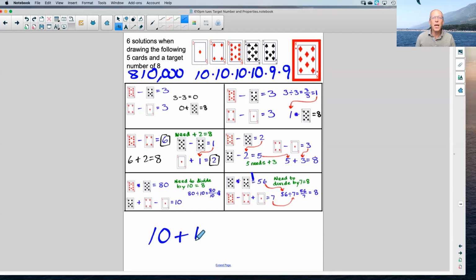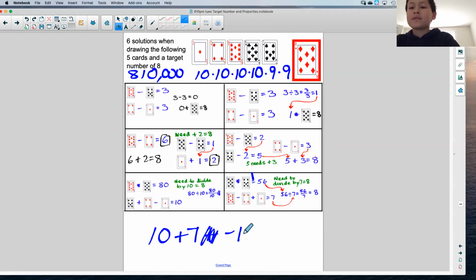Wait, 10 plus 7 minus ace, which is 1, and that's 4. And then, can I do, so I have 16, and then can I do, wait, hold on. So you have 16 now. Keep going.